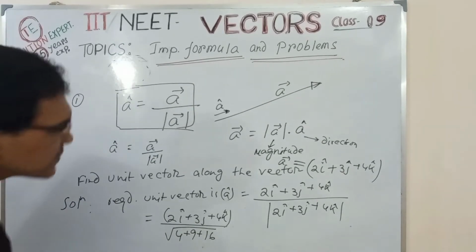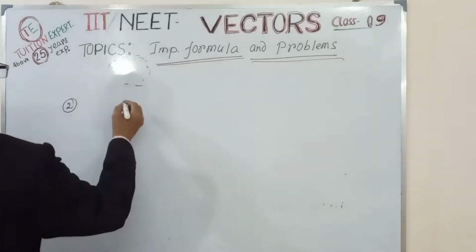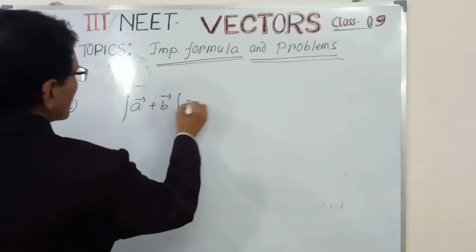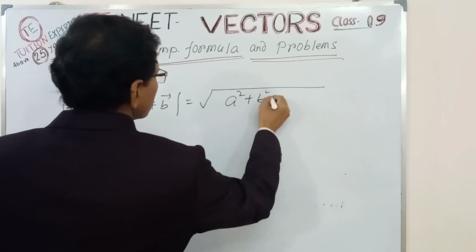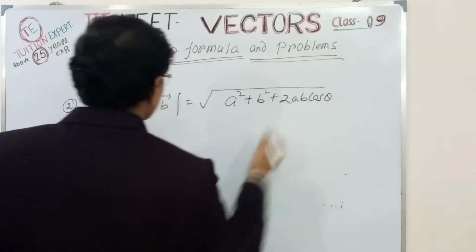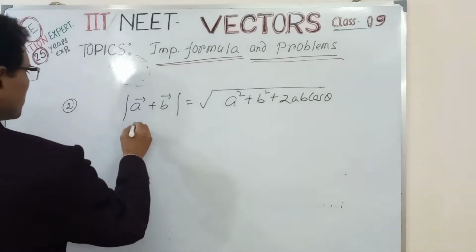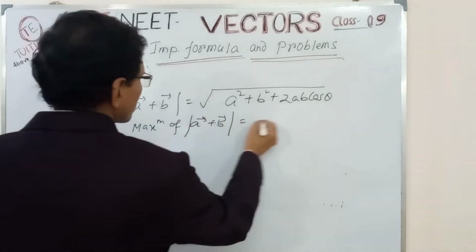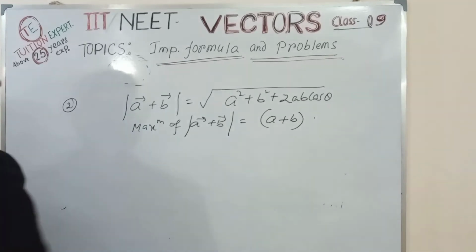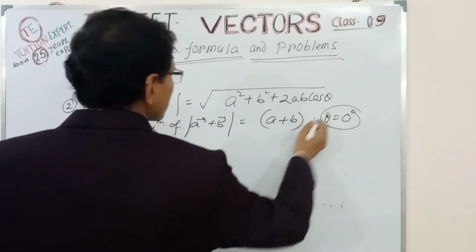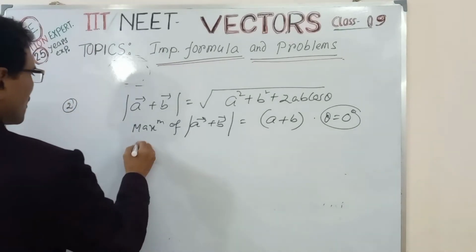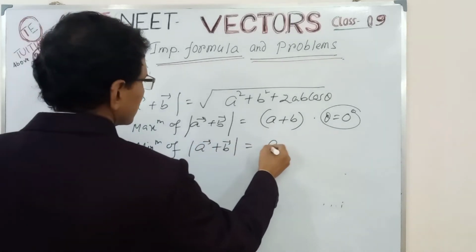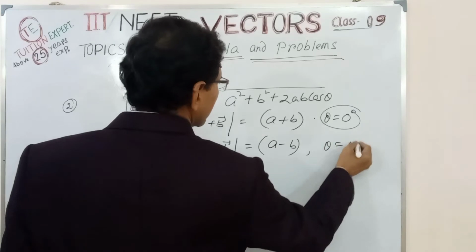Next formula: we know that the maximum of a plus b becomes a plus b, because theta equal to 0 degree means it becomes maximum, and the minimum of a plus b, also a minus b, is when theta equal to 180 degree.